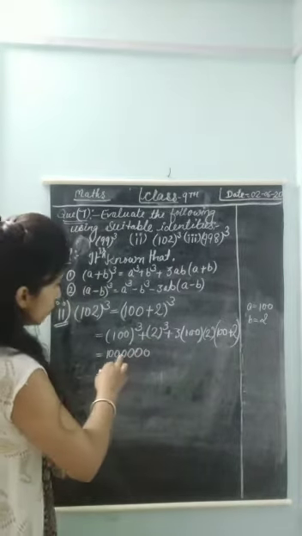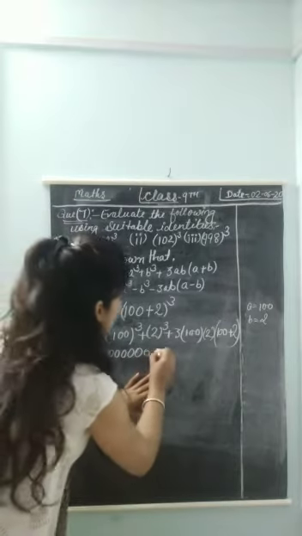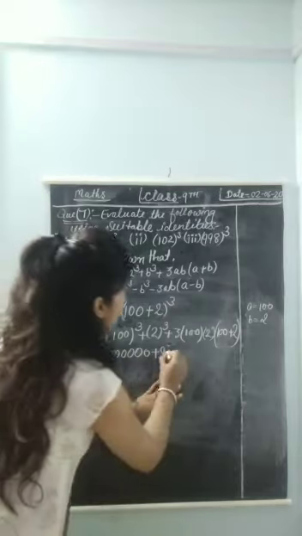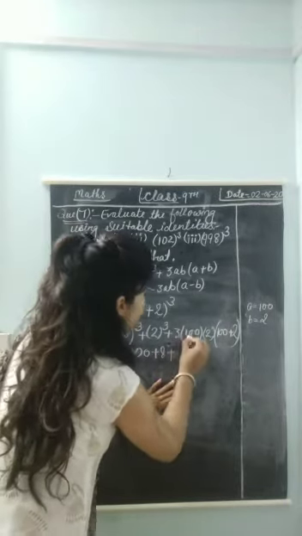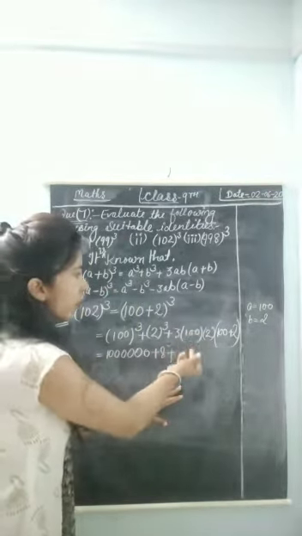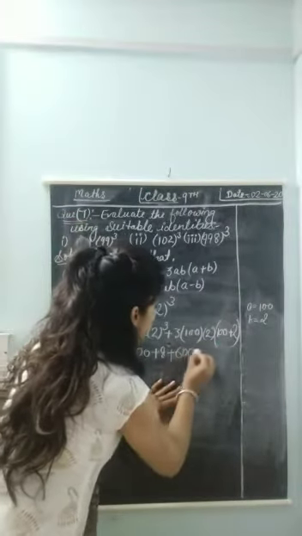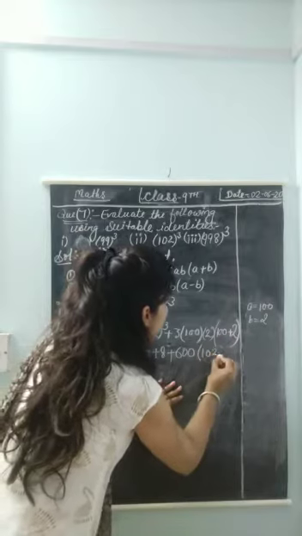By solving, we get 10 lakh plus 8, plus 3 times 100 is 300, and 300 times 2 is 600, into 102.